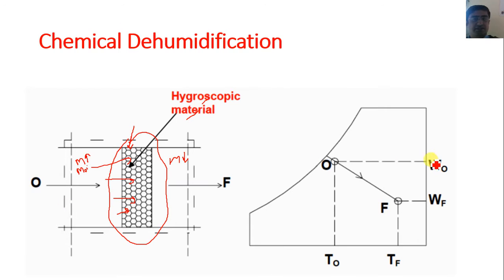It means that the specific humidity of the inside air is higher, but in the case of outside, the value of humidity gets decreased. So the main function of this hygroscopic material is to absorb the amount of moisture from the air.